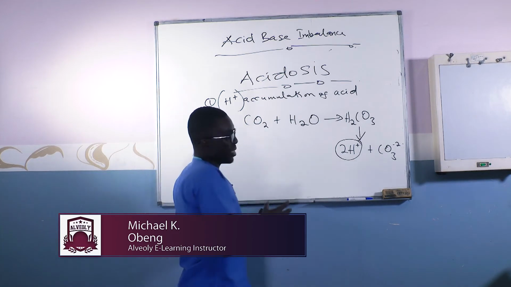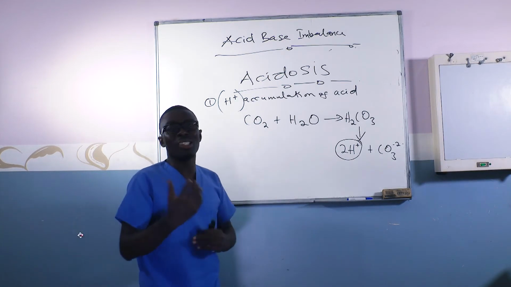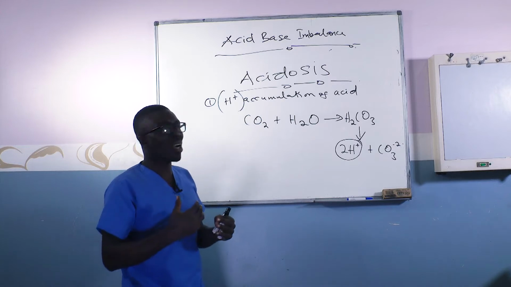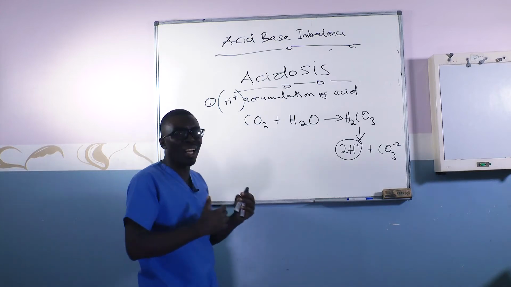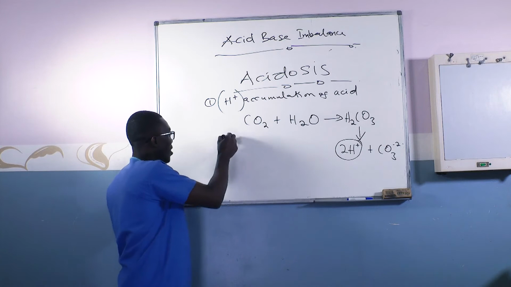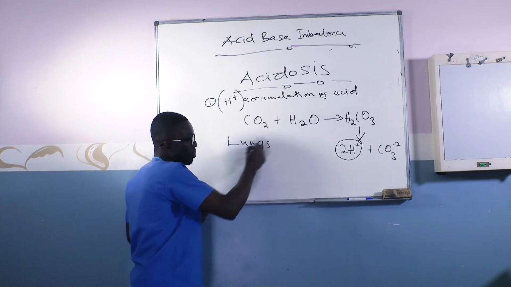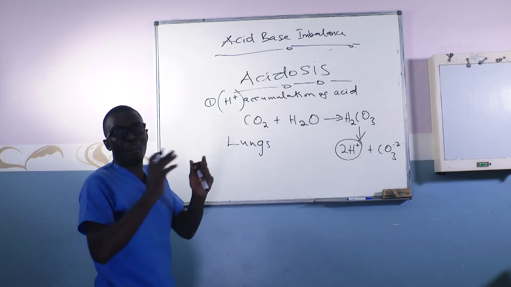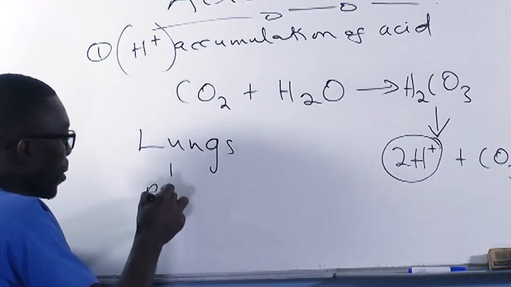But which organ in the body controls the exchange of gases? The organ in our body that helps in controlling the exchange of gases is the lungs. And it is a part of a system known as what? The respiratory system.